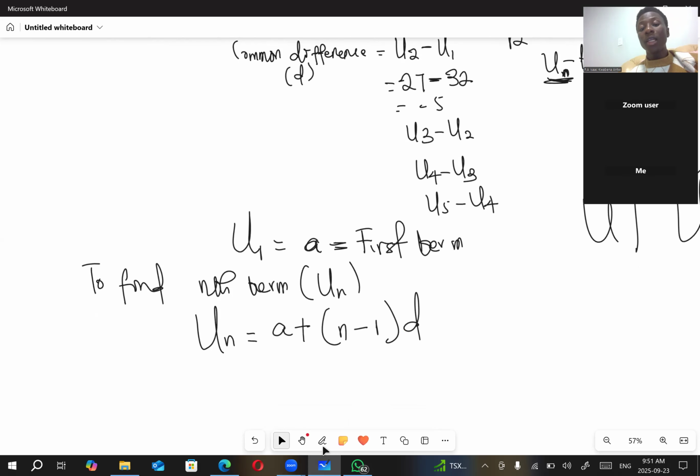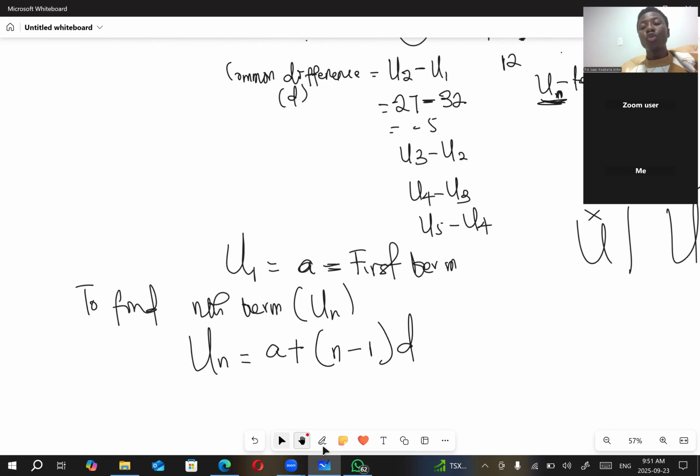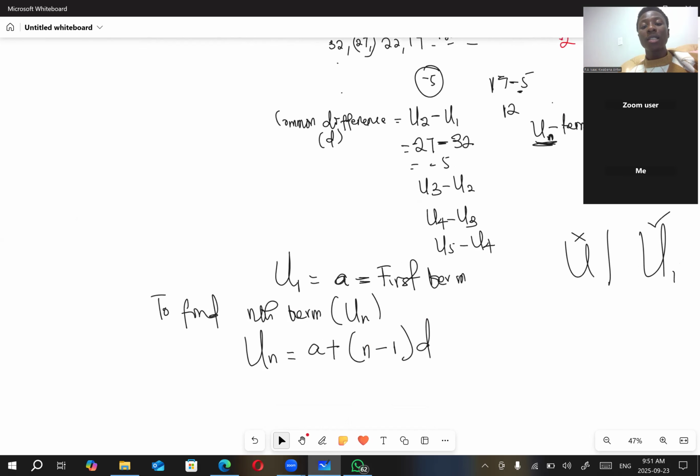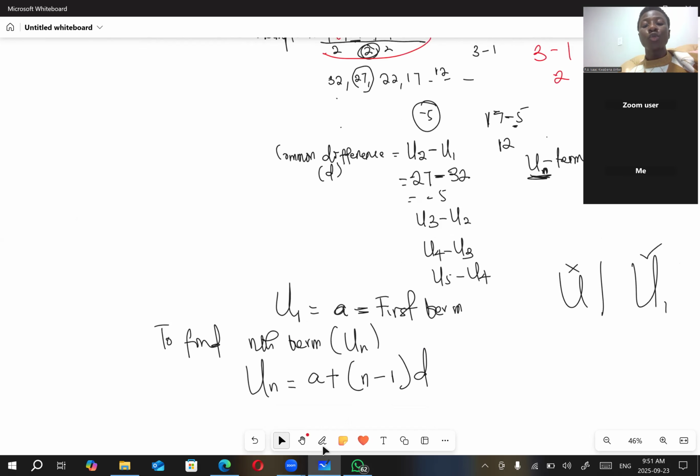You know how to find d. And listen, no matter how you choose to find your d, because it's a constant, the answer is the same. Someone can choose to use the fifth term and the fourth term to find the common difference, and the answer is the same.